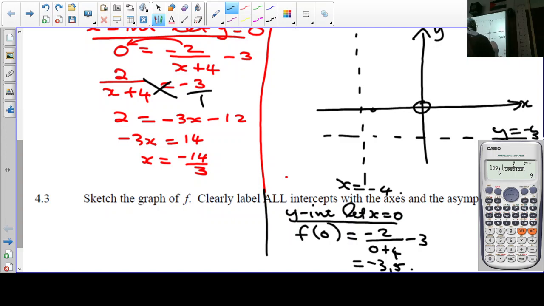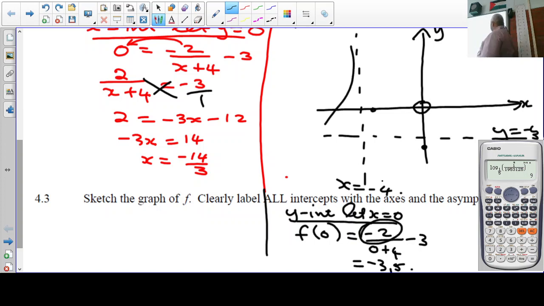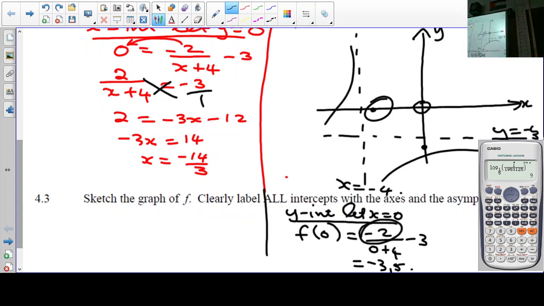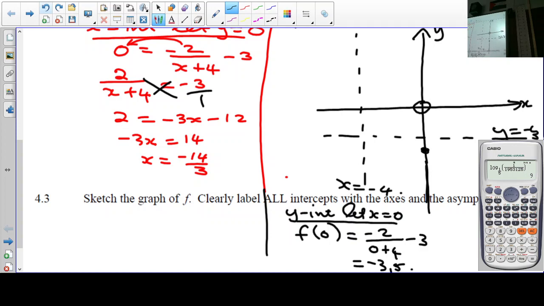I'm thinking now I made a mistake. The reason I'm thinking it's wrong is because this is negative, so it has to lie in this quadrant and this quadrant here. And I've got a dot there, so now I'm making a mistake somewhere. So of course, your y-intercept is there. Not so?